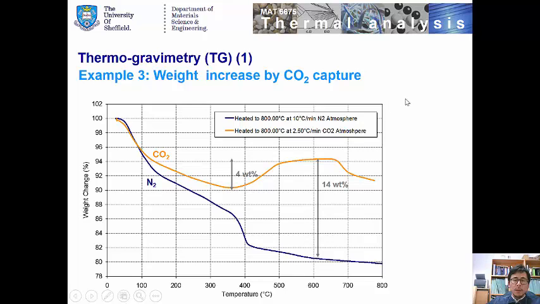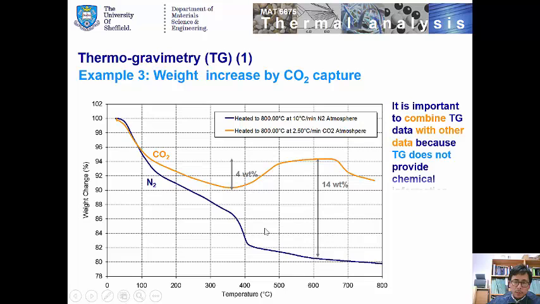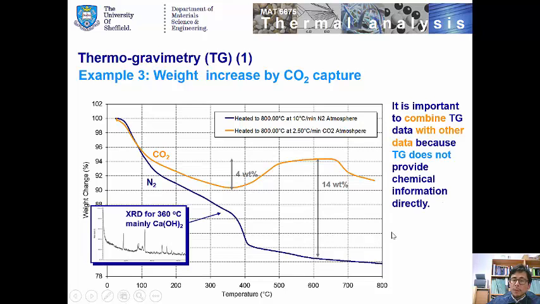Another important thing, as I mentioned initially, these data are purely based on weight change. It does not show us any actual chemical information. So what we usually do is combining this with different type of data, in this case, X-ray diffraction.